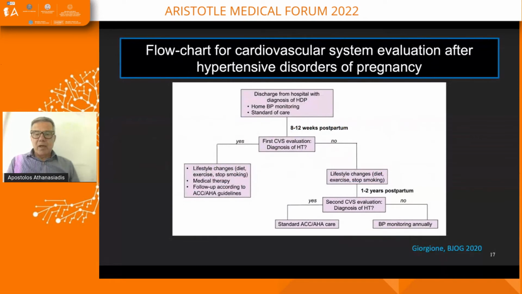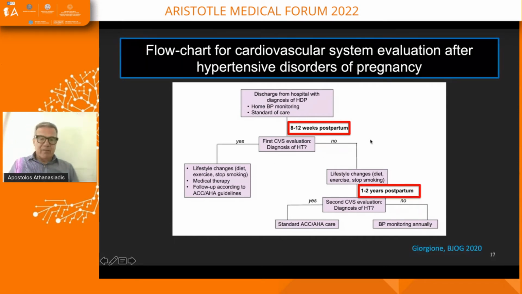And this is the reason why the American Heart Association, in their guidelines, says that they have to be checked 8 to 12 weeks postpartum, and if everything is normal, also 1 to 2 years postpartum, and after this every year, because the risk of recurrent hypertensive disorders is really high.